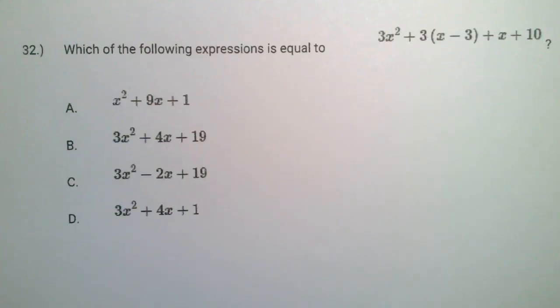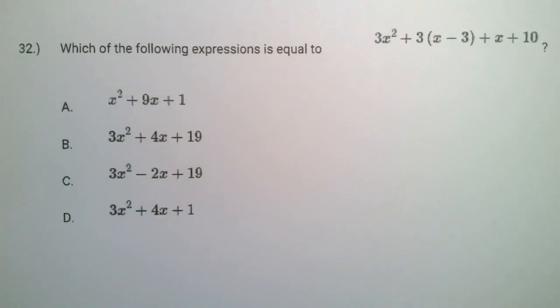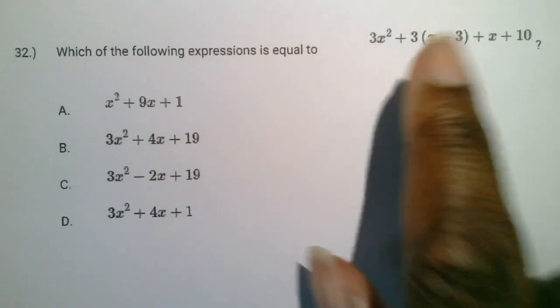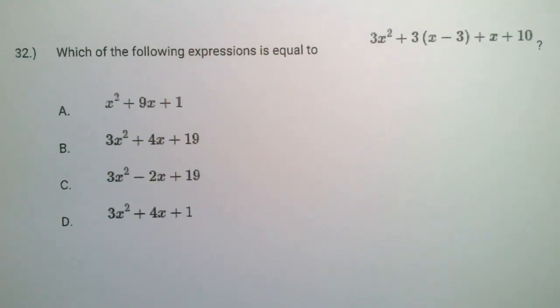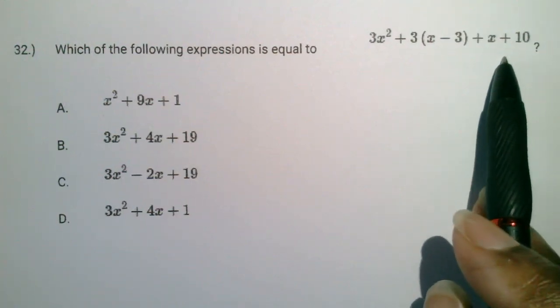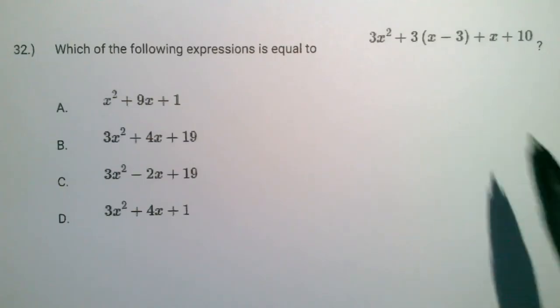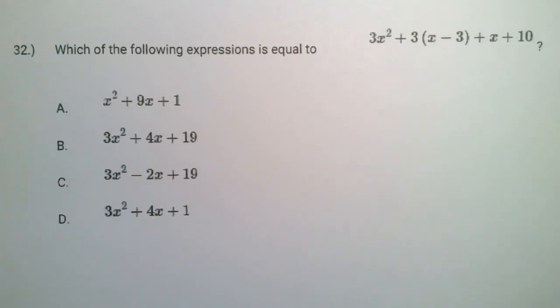All right, so let's take a look. Which of the following expressions is equal to this expression, 3x squared plus 3 times x minus 3 plus x plus 10? Notice there is not an equal sign, so we're not solving for x. We're basically trying to get all our x's combined.